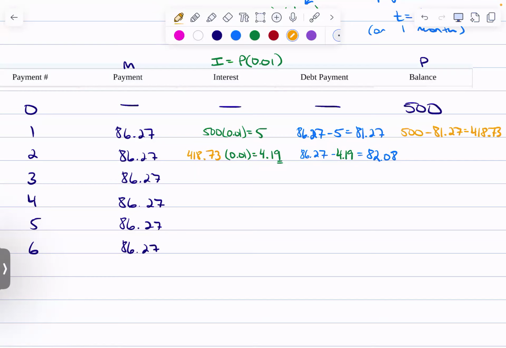So I get 418.73 minus 82.08, which is 336.65.